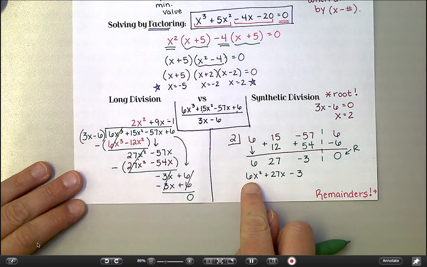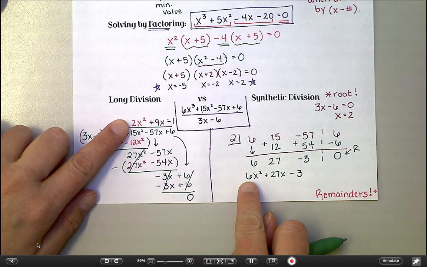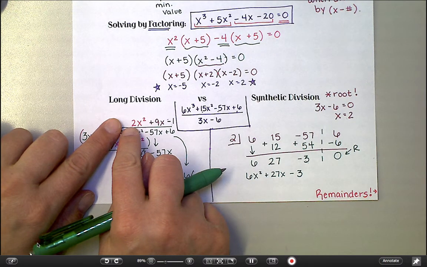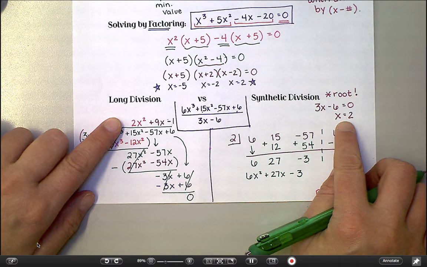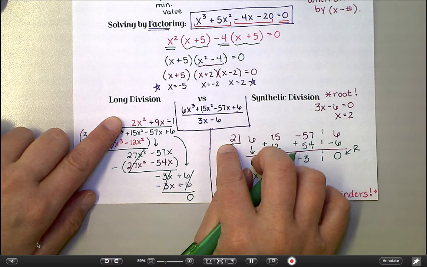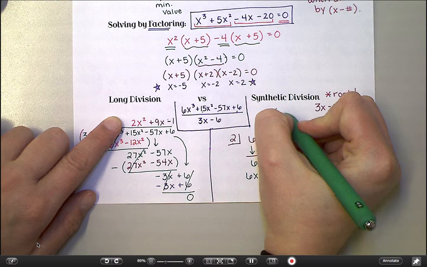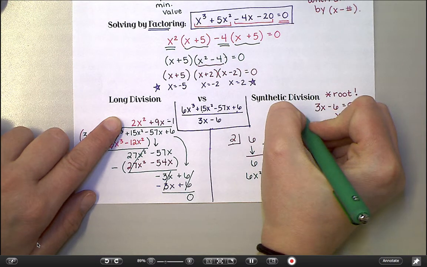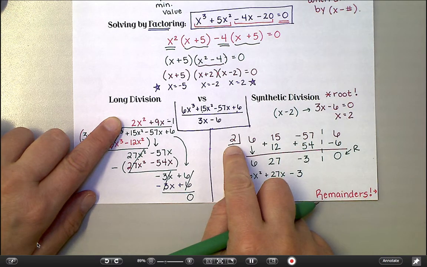Now, the reason this didn't work out quite the same way as this one did, you'll notice this is a multiple of 3. This is 3 times as large as the answer we got over here. When we set our root at x equals 2, by putting a 2 here, it's really as though we treated this 3x minus 6 as an x minus 2. We factored out a 3 to be able to do this synthetic division.